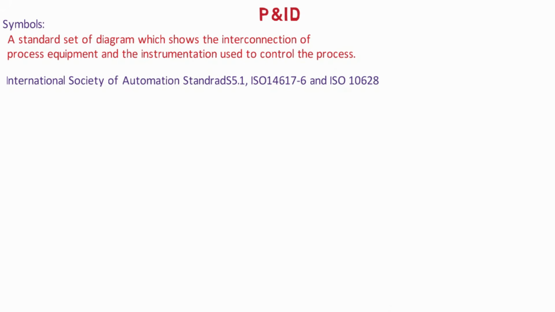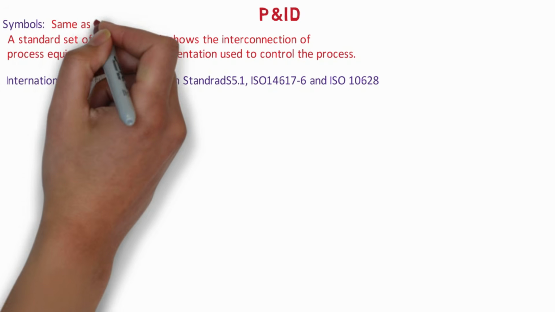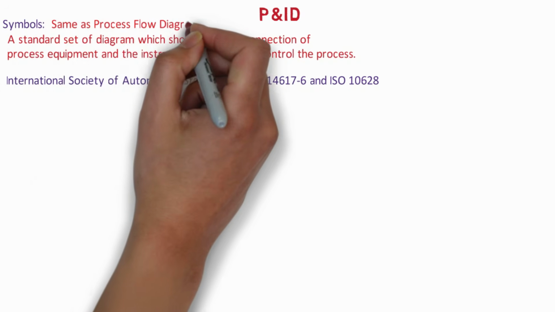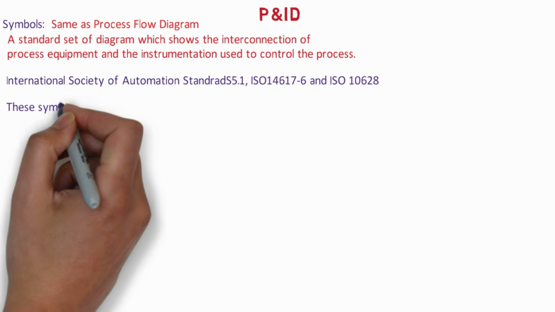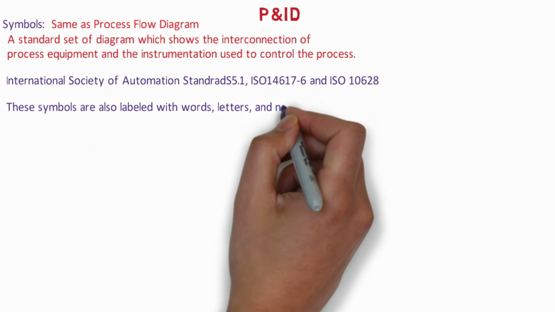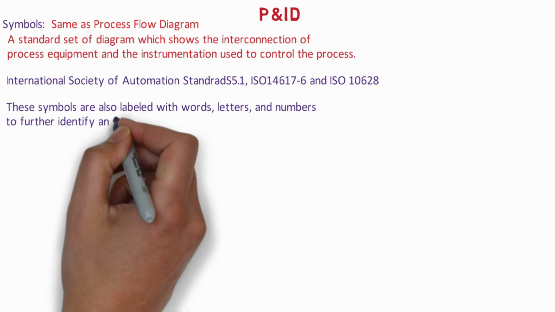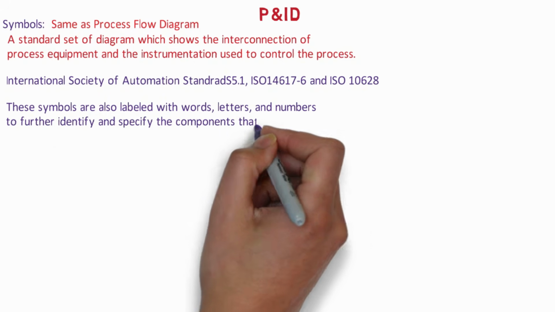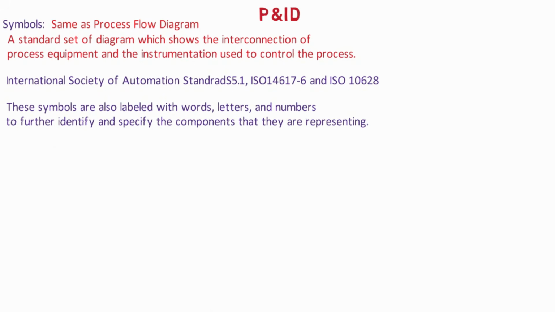The symbols used to represent process equipment items are frequently the same as described for the process flow diagrams. These symbols are also labeled with words, letters, and numbers to further identify and specify the components that they are representing.